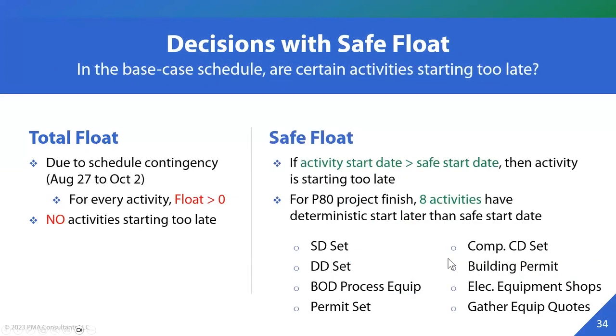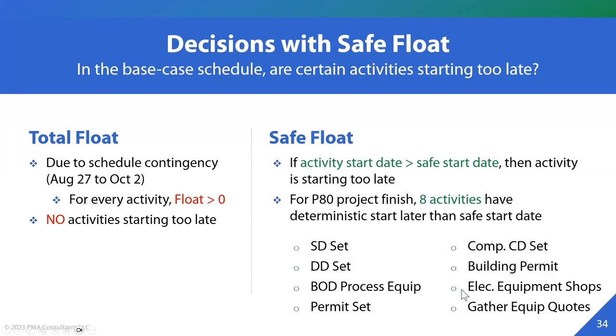Next, in the base case schedule, are certain activities starting too late? If we were using total float, because we added schedule contingency, every activity has float greater than 0. So no activities are starting too late. Whereas we can use safe float concepts, and anything starting beyond the safe start date is starting too late.